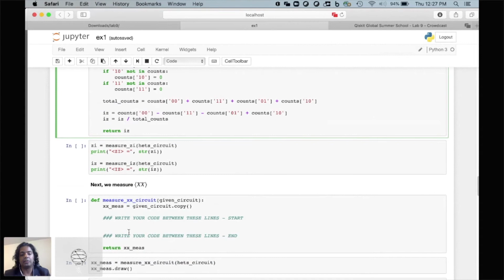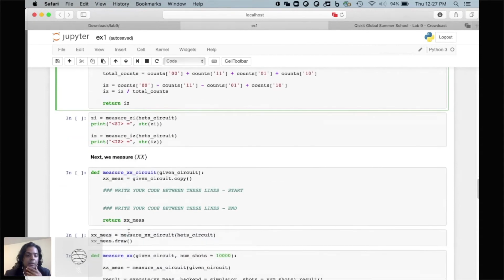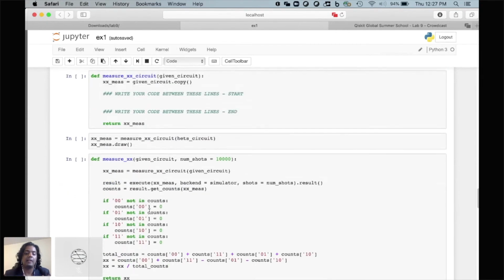So here, this is your first graded section where you're required to write down the circuit that would need to be run to measure the XX expectation value. Once you have that, once again, it's important to understand how you measure that from the counts for the circuit that you ran here.